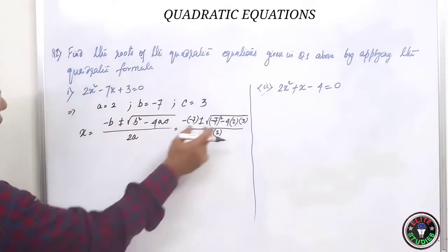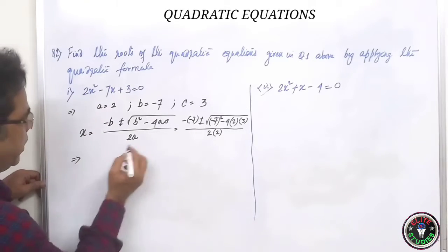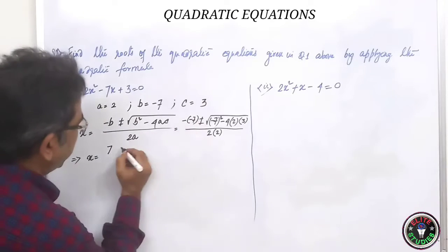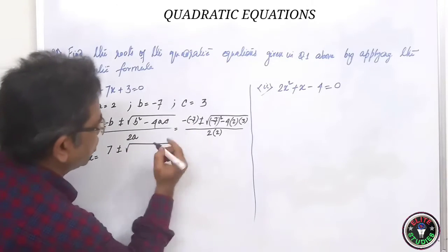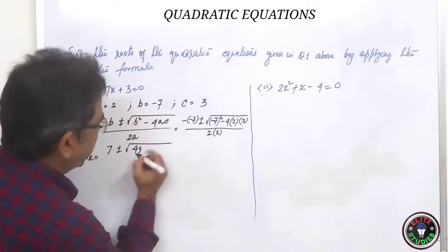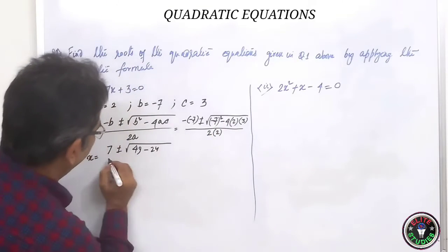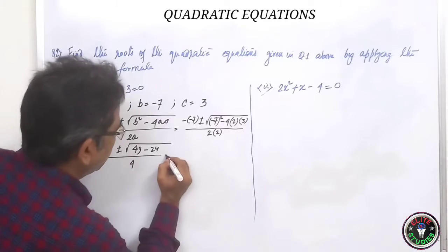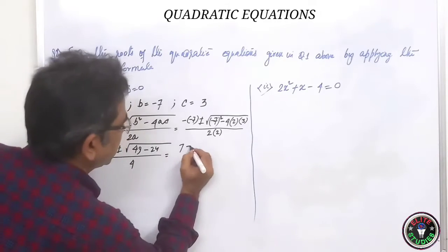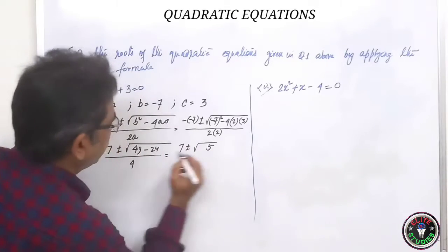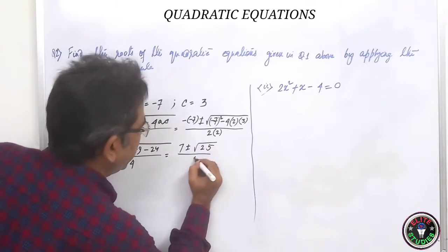x is equal to minus b, now we will simplify. So x is equal to 7 plus minus square root of 7 square, 49, minus 4 times 2 times 3, that is 24, divided by 4. So it gives 7 plus minus root over of 49 minus 24, which is 25, divided by 4.